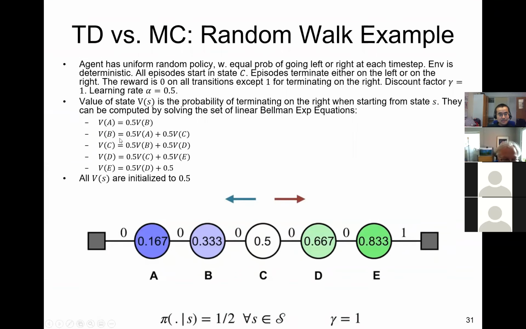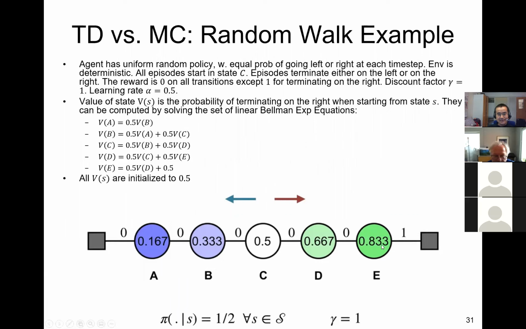So VA: on the left it's 0 and it ends. On the right is VB. So it's 0.5 times VB, and the transition itself has a reward of 0. VB has 2 possible choices, left or right. So it's 0.5 VA plus 0.5 VC, and so on.